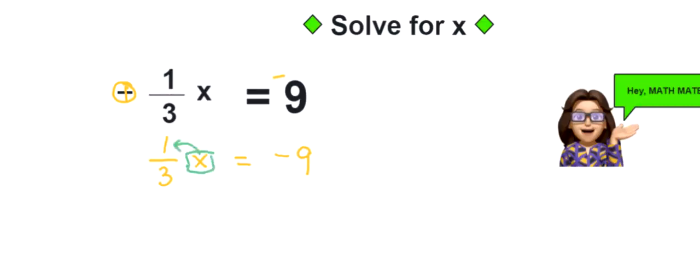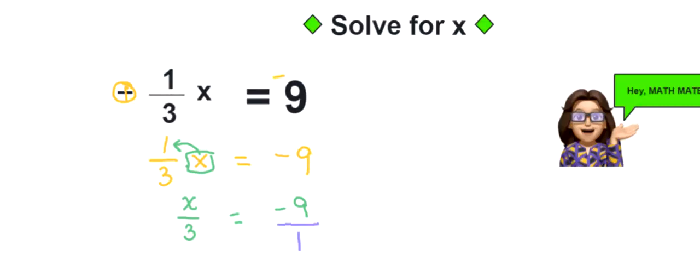So I can write 1/3 x as 1x over 3 or just x over 3 equals negative 9. Now look, what do we have here? We've got a fraction equal to, why don't we make the other side a fraction? So now I got a fraction equal to a fraction by putting a 1 underneath here.